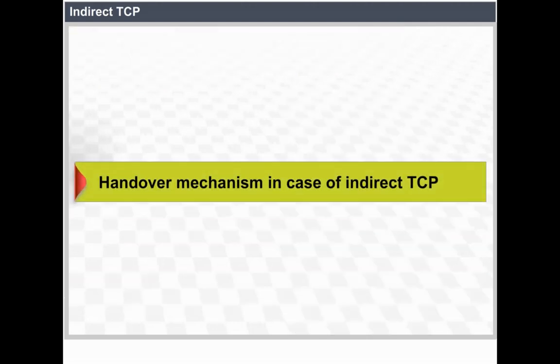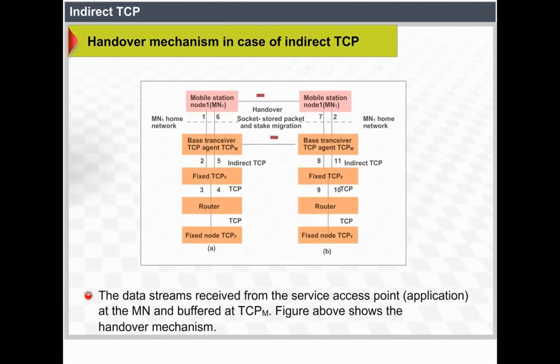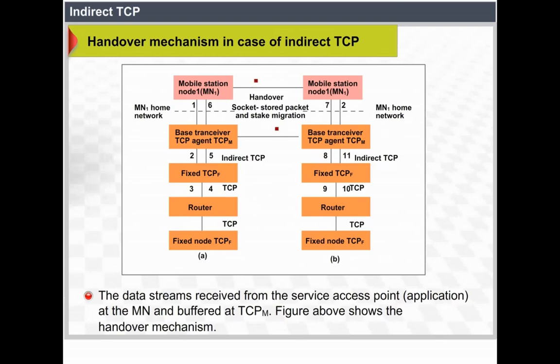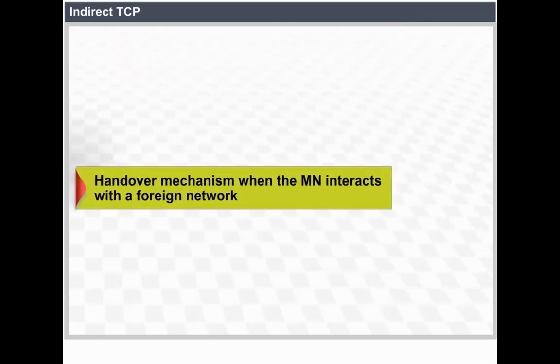Handover mechanism in case of indirect TCP. The data streams received from the service access point application at the MN are buffered at TCP-M. The figure above shows the handover mechanism when the MN visits a foreign network.